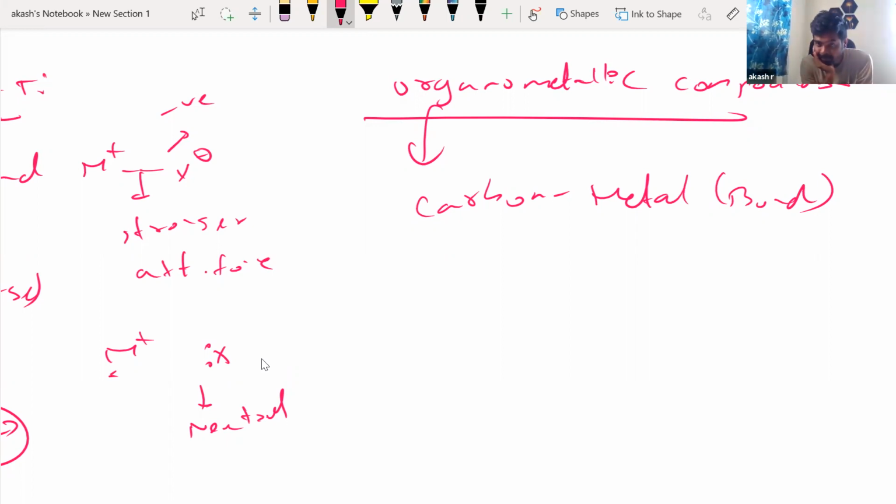What is that? Grignard reagent. Absolutely right. Grignard reagent is having this C-Mg bond, is it not? We have RMgX basically. So we already have this C-Mg bond. So that's a beautiful example of an organometallic compound. Anything which has a carbon metal bond is an example of organometallic complexes.